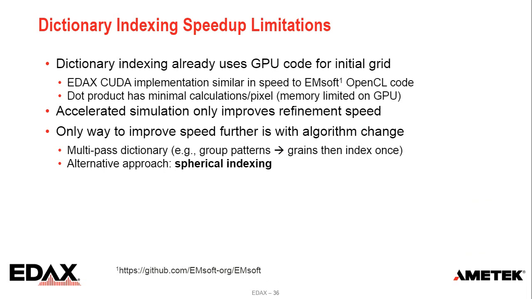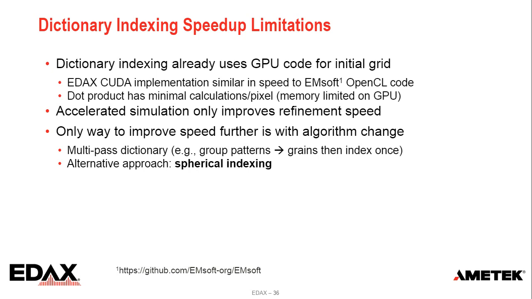So you can achieve a lot with faster pattern generation, but there are some challenges that you just can't brute force with faster speed. That's because the existing dictionary implementation that EMsoft has, which is, again, what's currently exposed by Matrix, is already using GPU code for the initial indexing step.